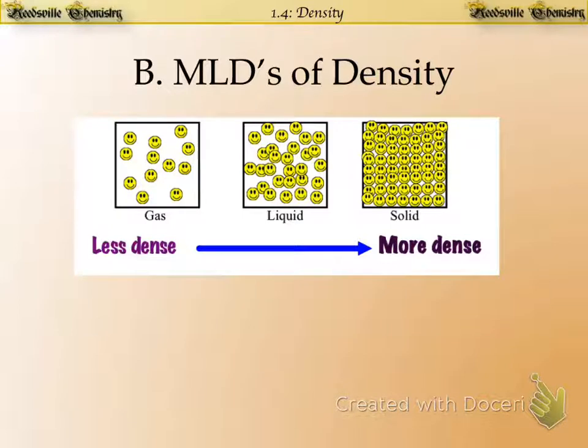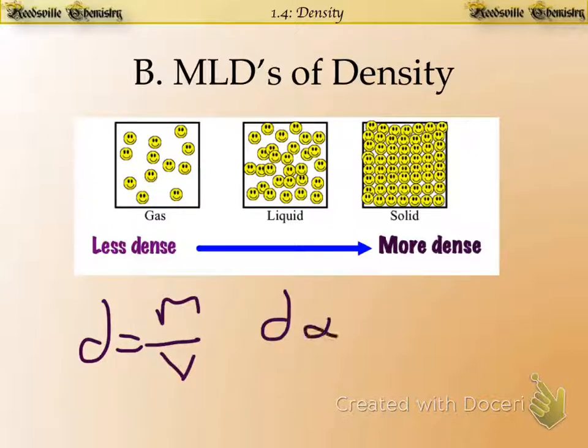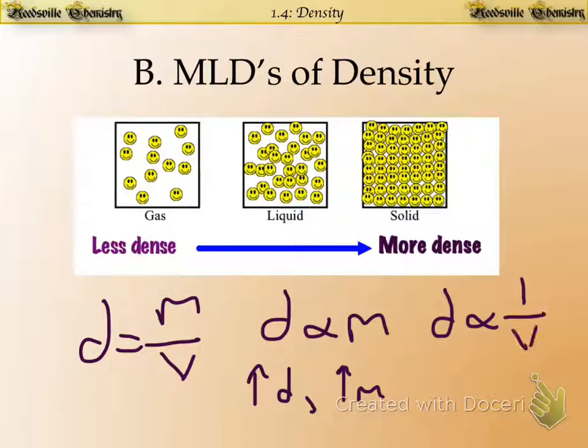When we're talking about its relationship to volume, we have to understand two terms, direct and indirect relationships. If we look at the equation for density, we say that density is directly related to mass. That means if density goes up, mass has gone up. Density is indirectly related to volume.